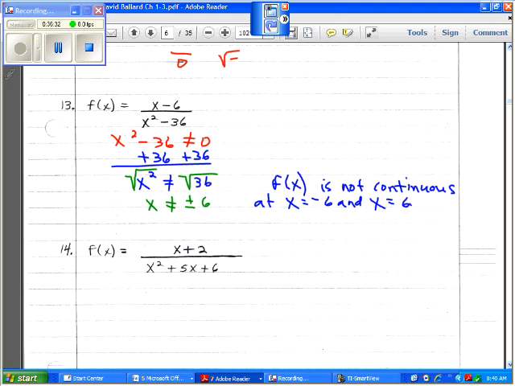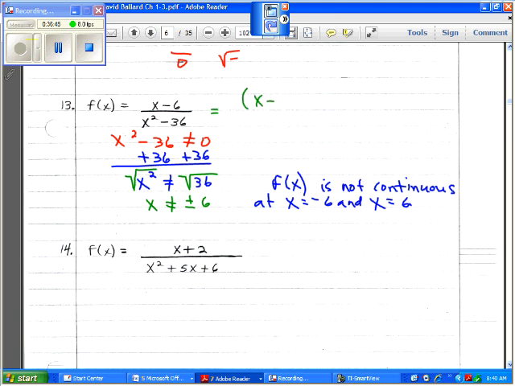So we found two discontinuities because they create division by 0 errors. Now, we need to see if either of those is removable, and we're going to do that by factoring.